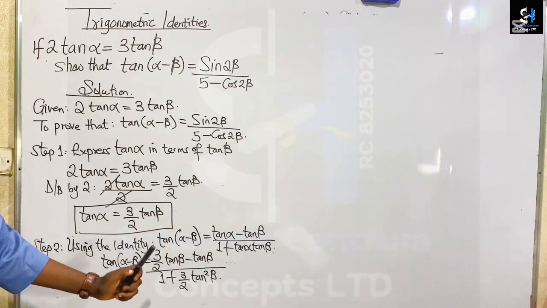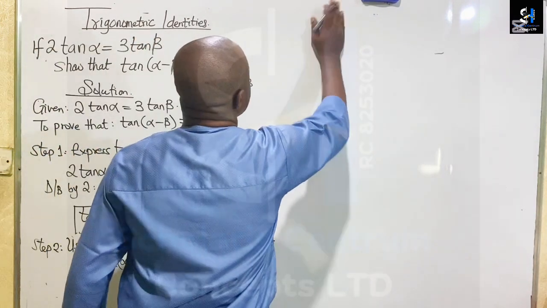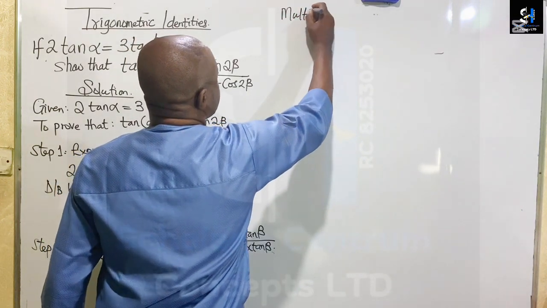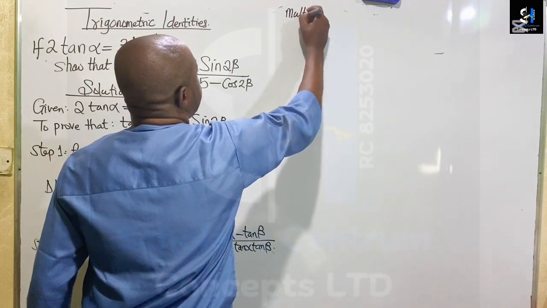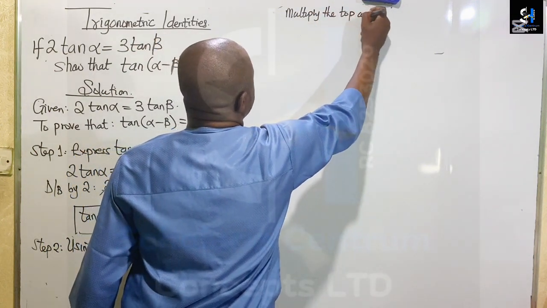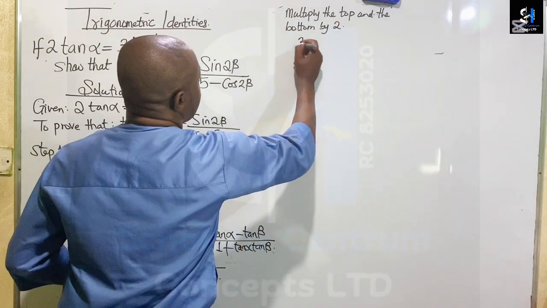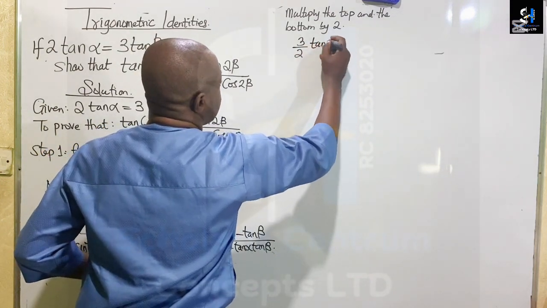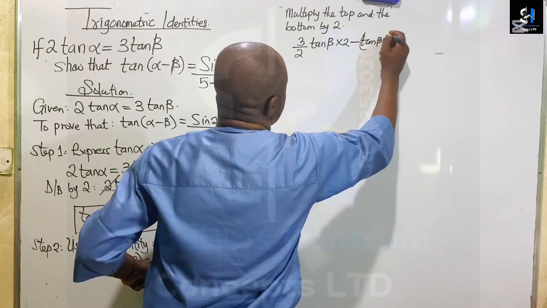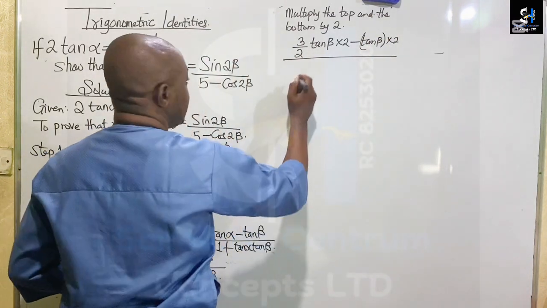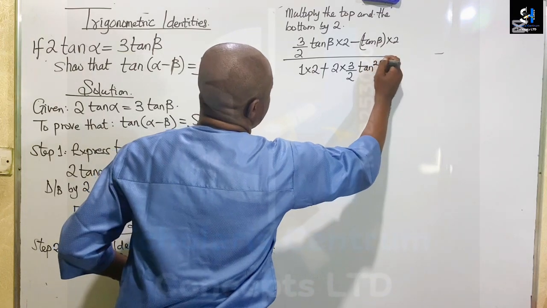Remember, we are using the right hand side to prove the left hand side, which equals sine 2 beta over 5 minus cos 2 beta. To simplify, we multiply the top and the bottom by 2. The top is 3 over 2 tan beta multiplied by 2, minus tan beta multiplied by 2, all over 1 times 2 plus 2 multiplied by 3 over 2 tan square beta.